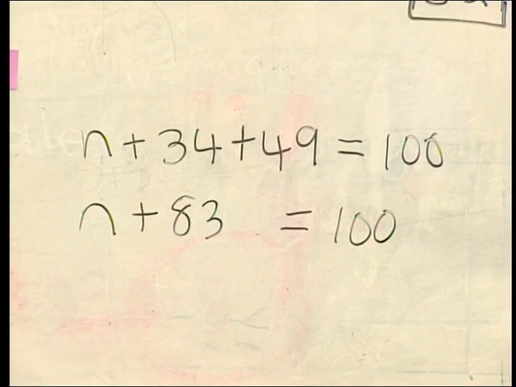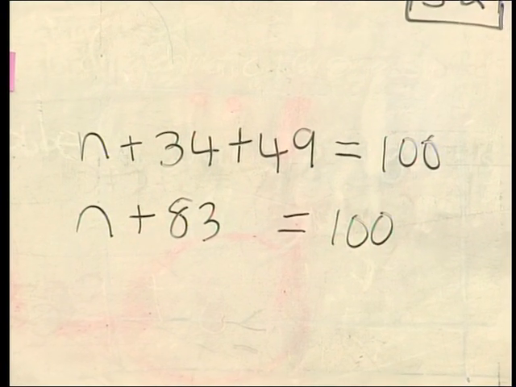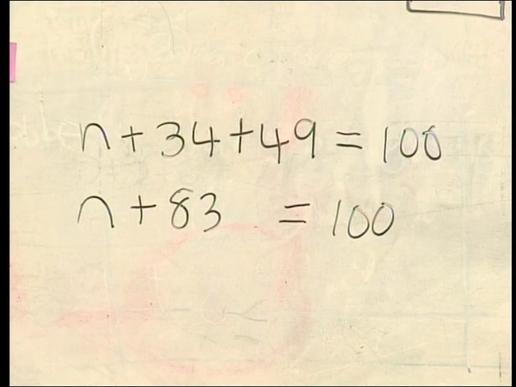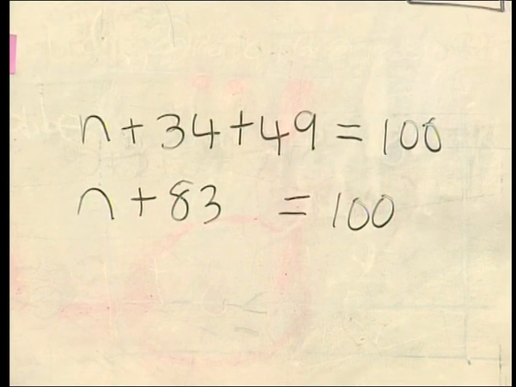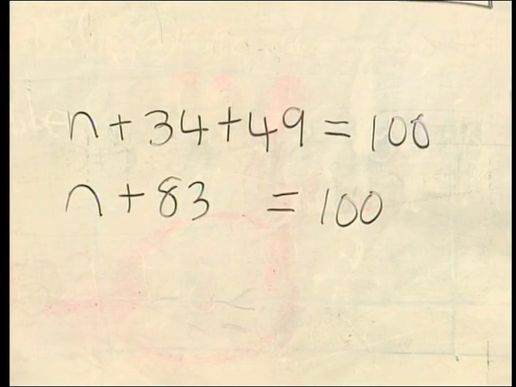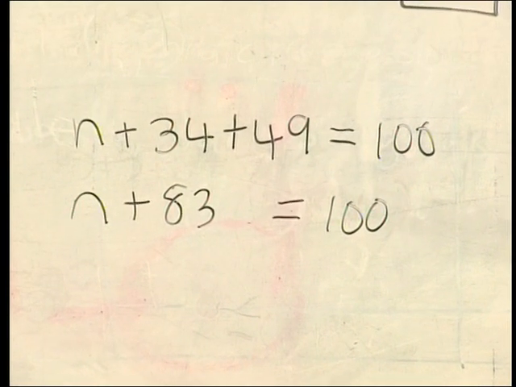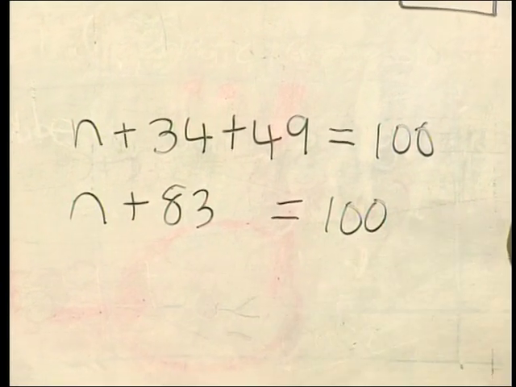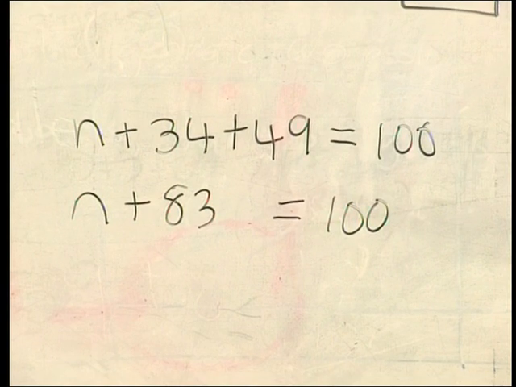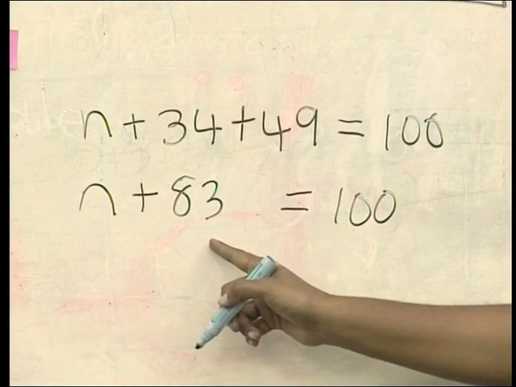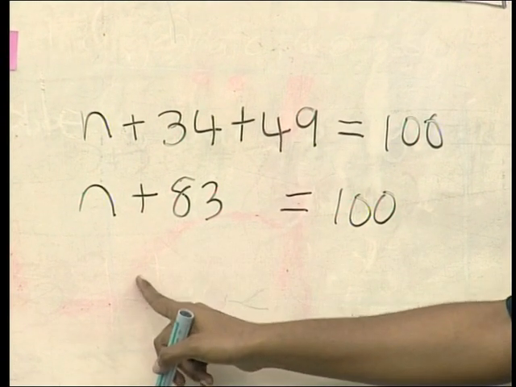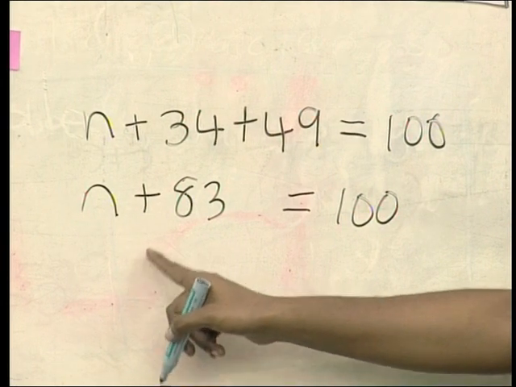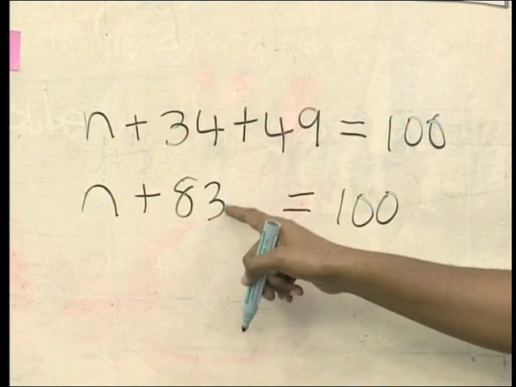Now what's the next step that you are going to do? Okay, good. Receiving students? You are going to subtract, all right? You're going to subtract what? 83. Okay, so that N is by itself. So that in order to find the value of N, you remove 83.